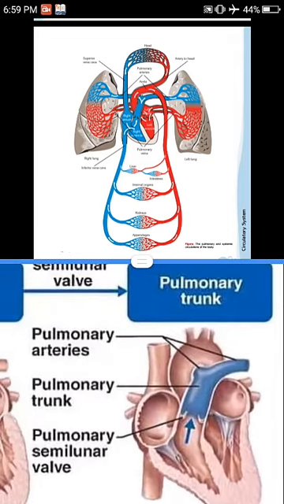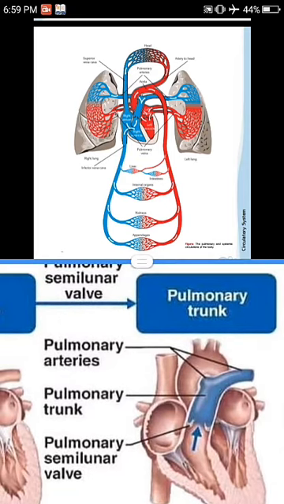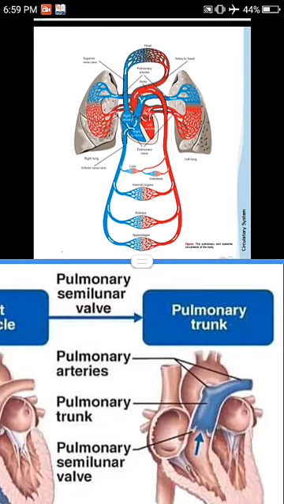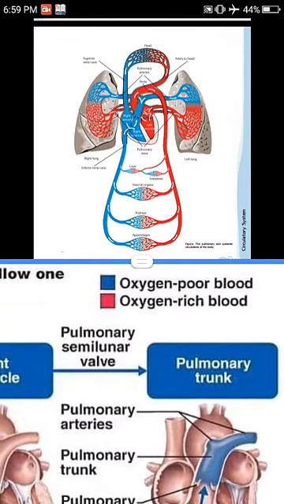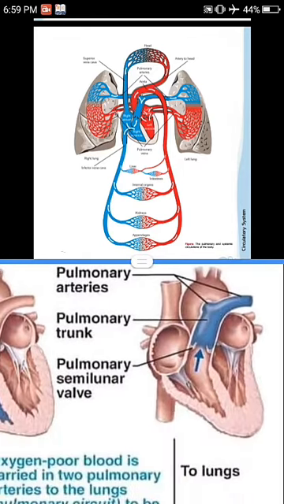You can see, all this blood is not rich in oxygen. It is poorly oxygenated blood.